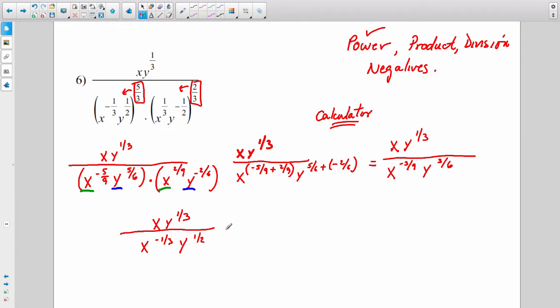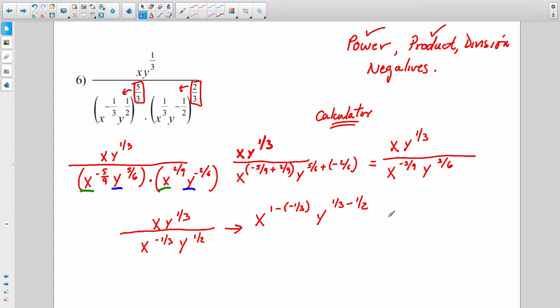Okay, so now let's do the division rule now that we've finished with products. So we're basically going to have x to the 1 minus negative 1/3. And then for my y's, I will have y to the 1/3 take away 1/2.